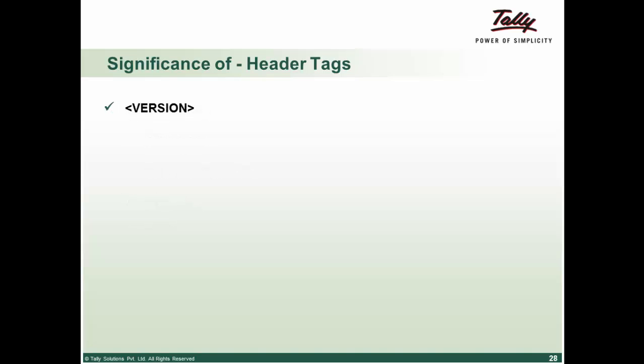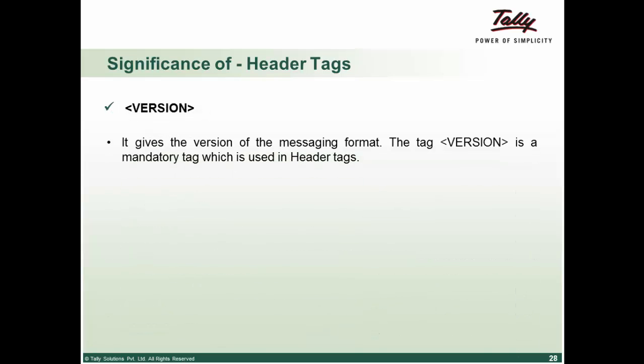So let's start with the version tag. Version tag gives the version of the message. The tag is a mandatory tag and has to be used in the header tag, without which the message would not be passed.